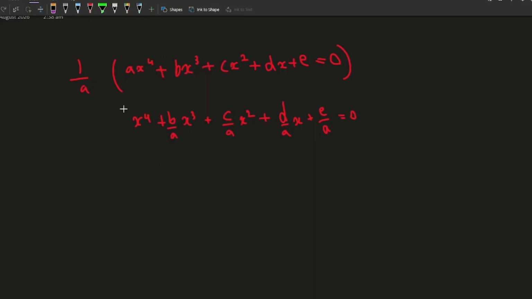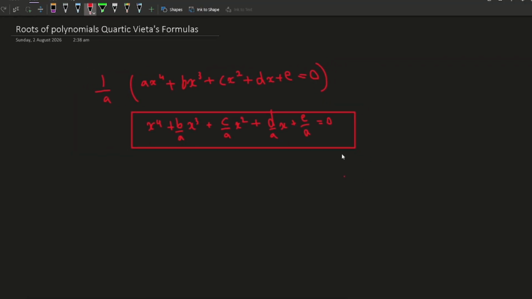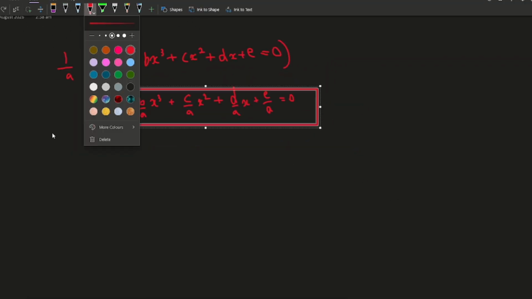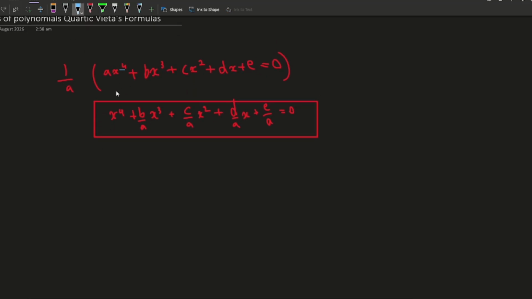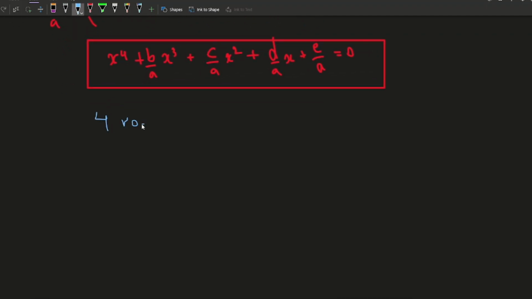Okay, so now as we know, our highest degree is 4, so there must be 4 roots, 4 linear factors.